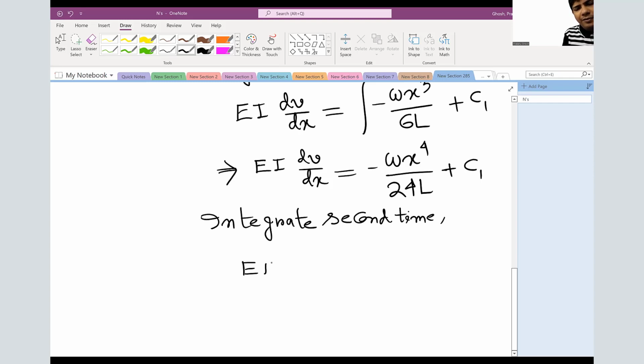EIV, vertical deflection, now we are obtaining. And once we integrate, it becomes C1x plus C2.